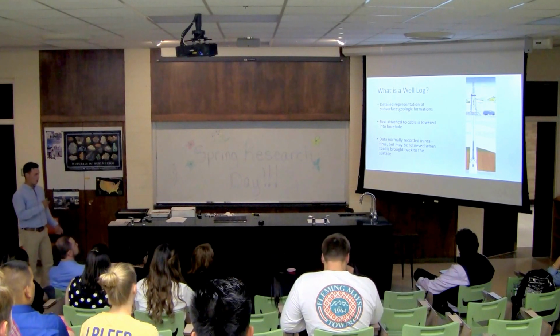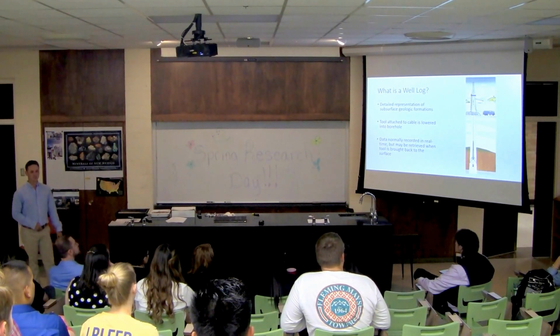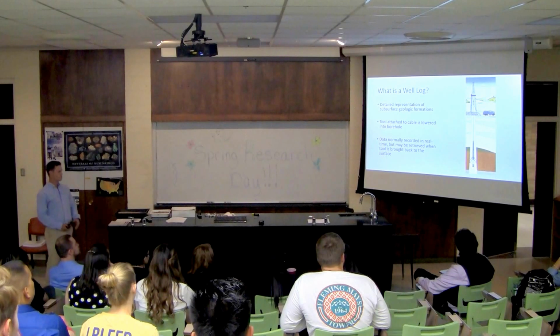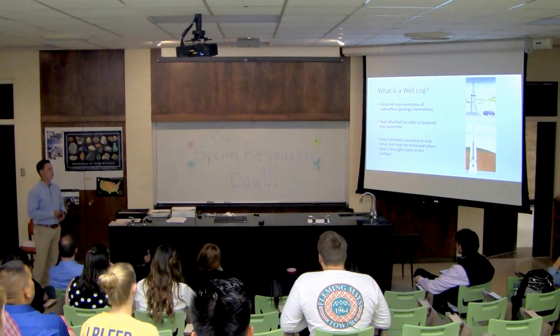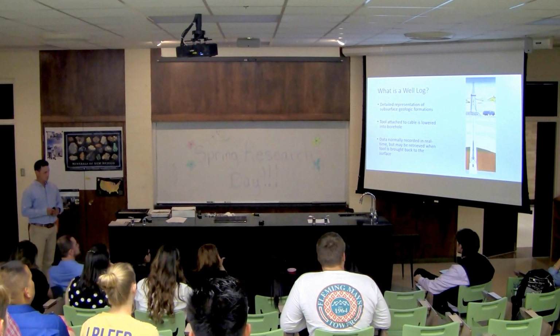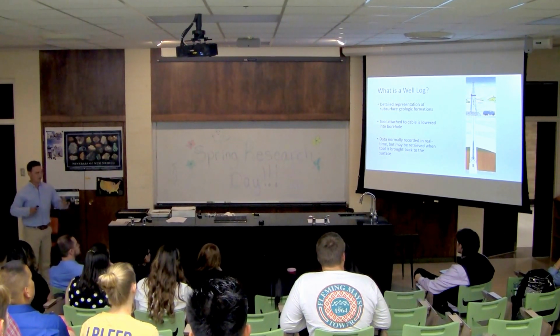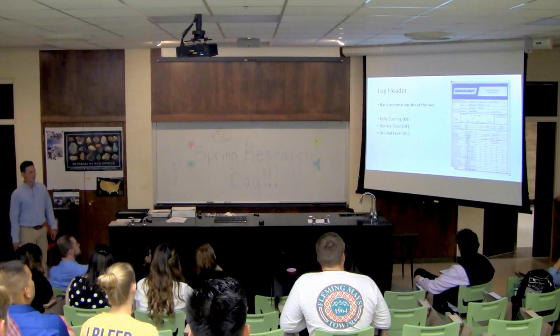A well log gives us a detailed representation of subsurface geologic formations. They attach this tool right here to a cable and they lower it down. And as they're pulling it back up, depending on what type of log or log tool, it sends us data relevant to what type of tool it is about the surrounding rock. And this is what a log header looks like.